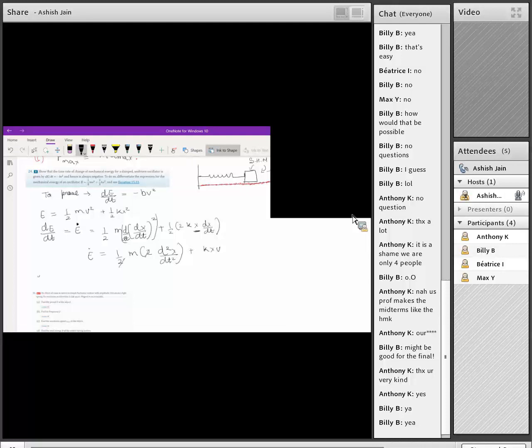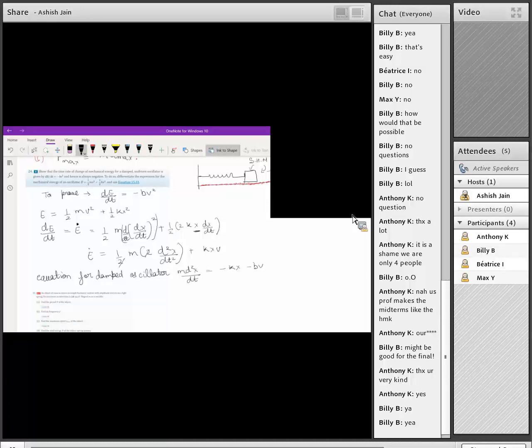And your equation for the damped oscillator is md2x by dt square equals minus kx minus bv, right?